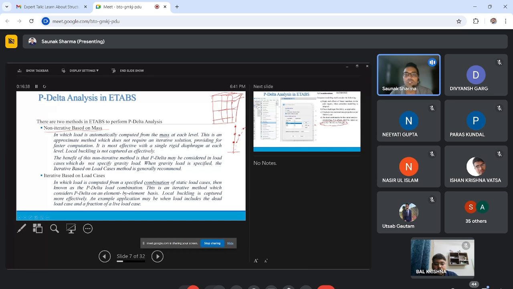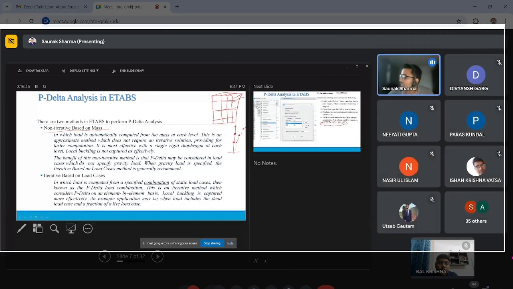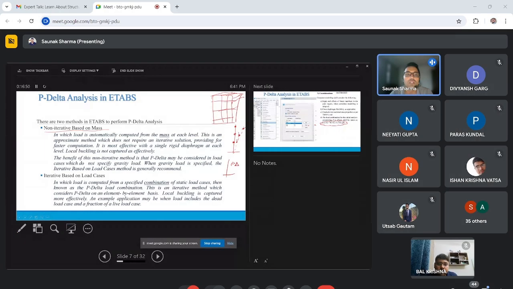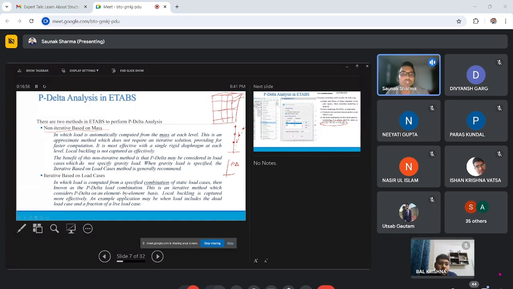This is not an iterative solution. It takes just a one-step solution. We just did P into delta only. The effect of this load again is not considered in this method. It is most effective with a single rigid diaphragm at each level. The building is pretty simple, and we can apply a rigid diaphragm.